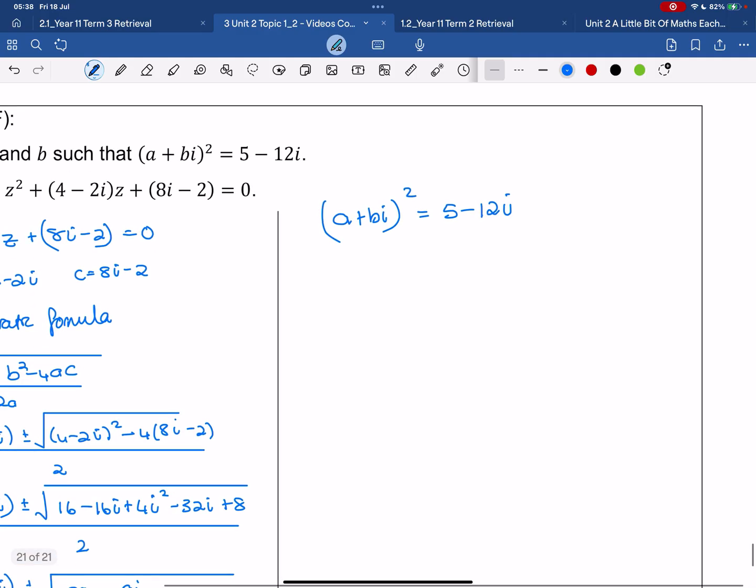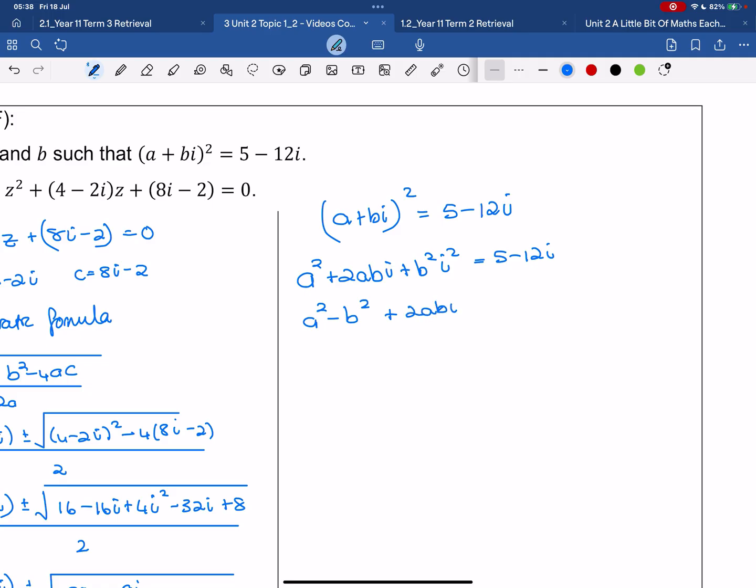And I'm going to expand my left-hand side. So I've got a squared plus 2abi plus b squared i squared must equal 5 minus 12i. And of course, i squared is equal to negative 1. So a squared minus b squared plus 2abi is equal to 5 minus 12i.